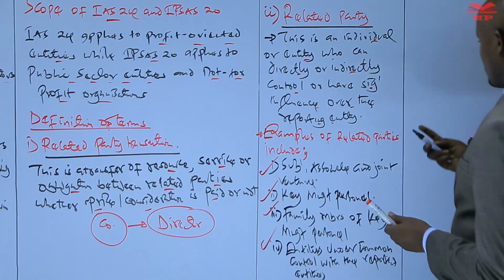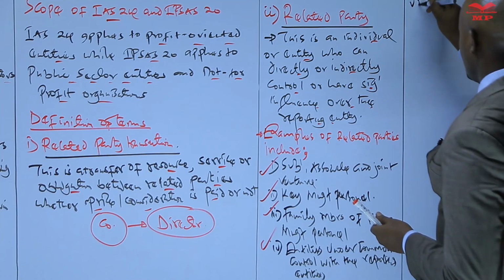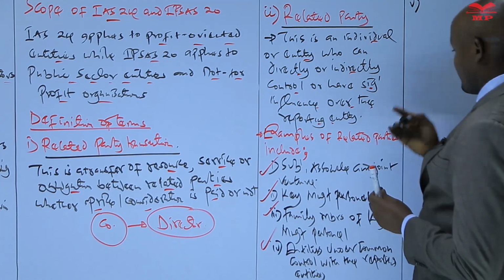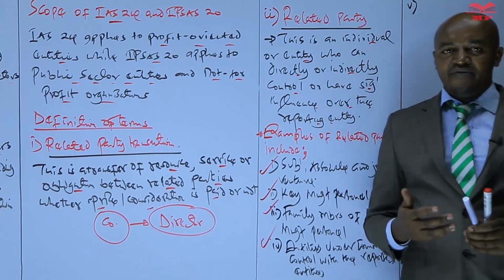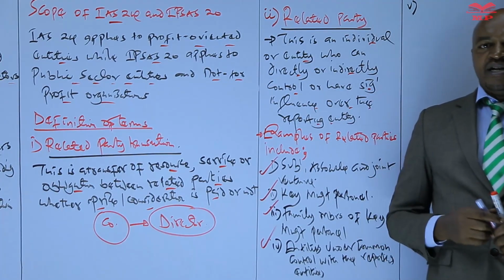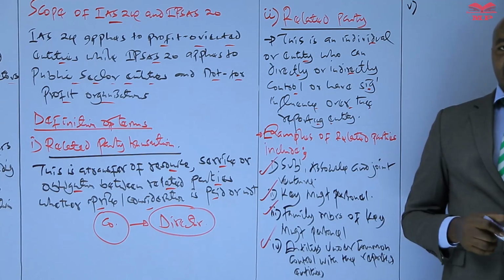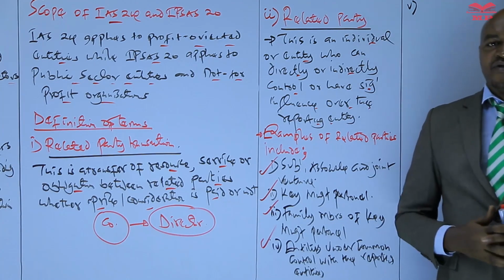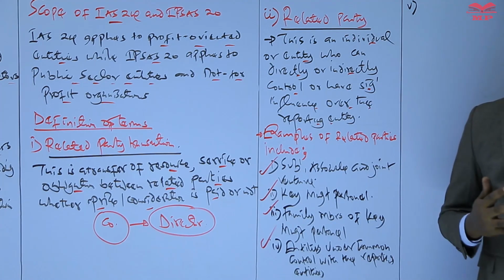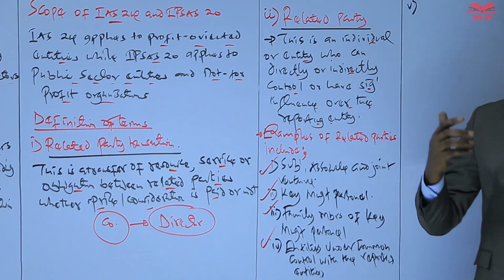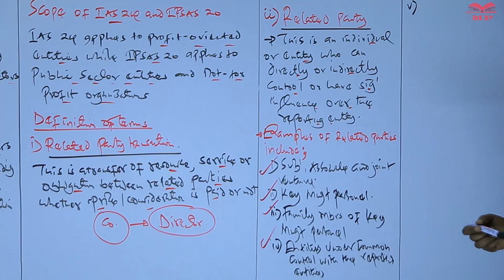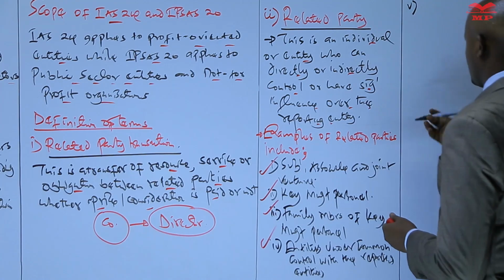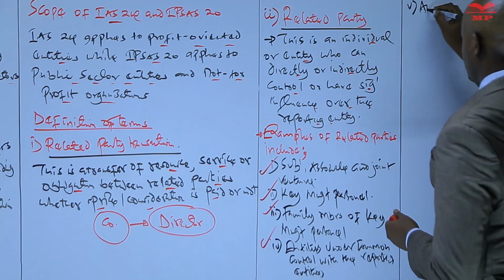Also, the other example of a related party, number five, is any individual or any entity that has significant influence over the reporting entity.